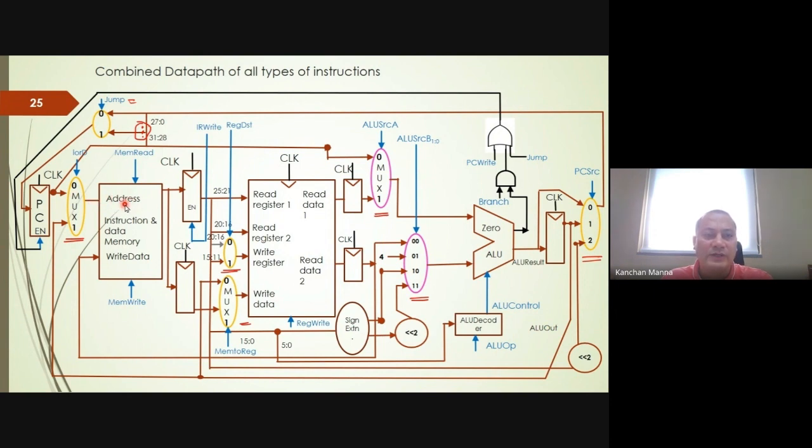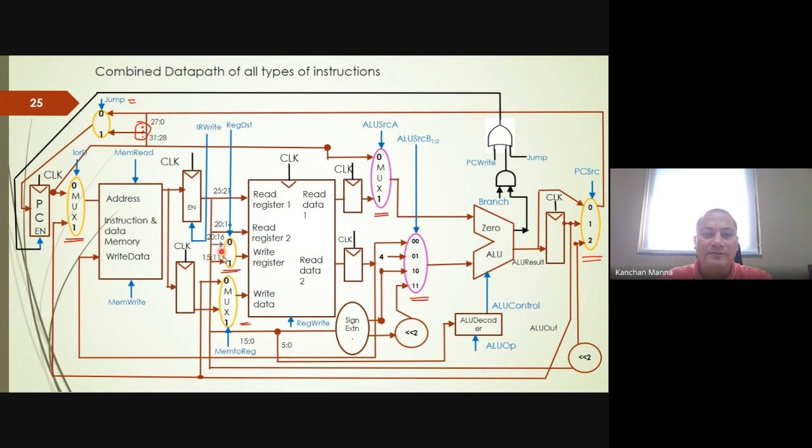Now, if LW or SW wants to read or write data from the memory, when LW wants to read the data from the memory and SW would write data into the memory, then we have to provide the address from the ALU out. This is the ALU out. So you see this address is coming via this path. Now this address port is getting the value from 2 different sources, and because of that we have introduced this mux.